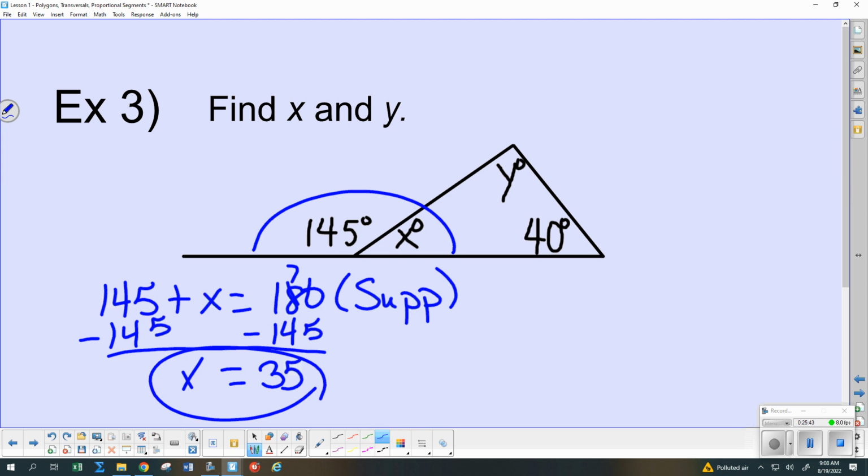So X is 35. Now that I know X is 35 degrees, how am I going to get Y? What am I going to need to do with that, Tilly?